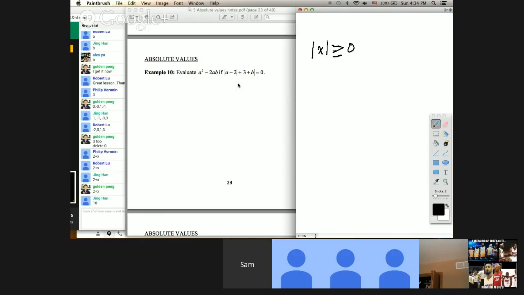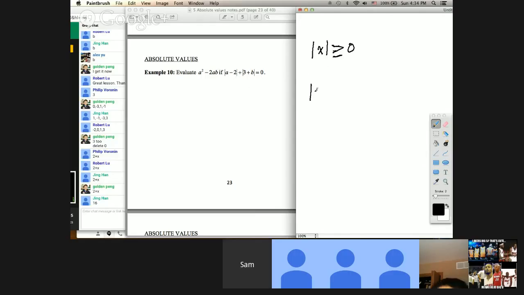So we have two absolute values added together, both greater than or equal to 0, and when we add them together, they equal 0. Let's say if this was greater than 0, like positive 1, then this would have to be negative 1 to make it 0. But since they both have to be greater than or equal to 0, and since they equal 0, they both are going to have to equal 0, right?